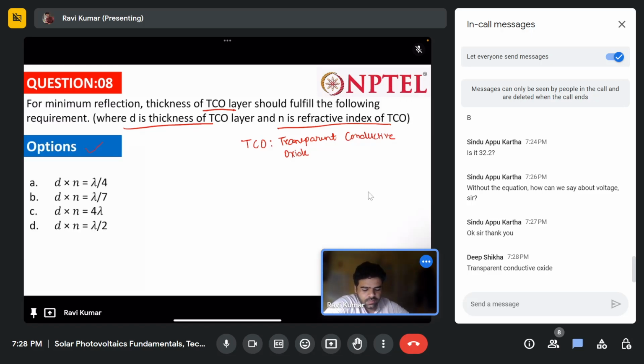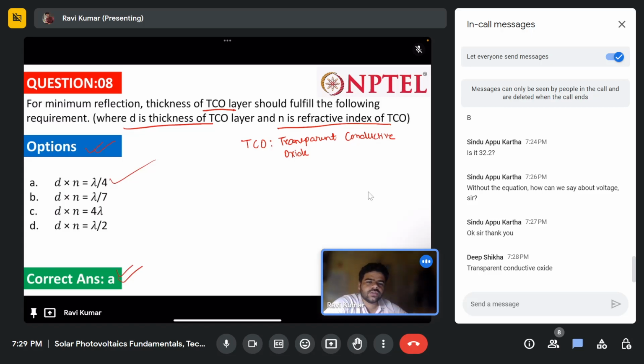Okay, these are the options, A, B, C, or D. It is A.